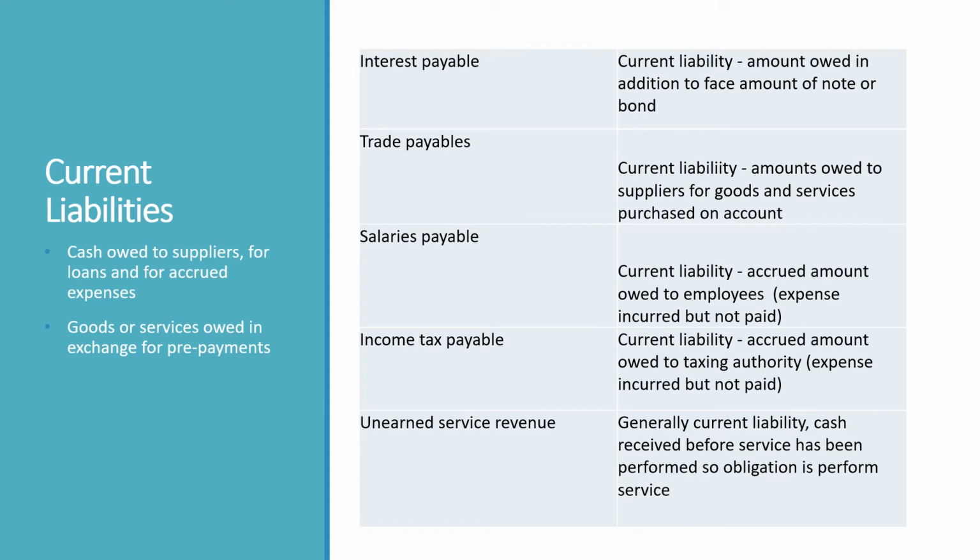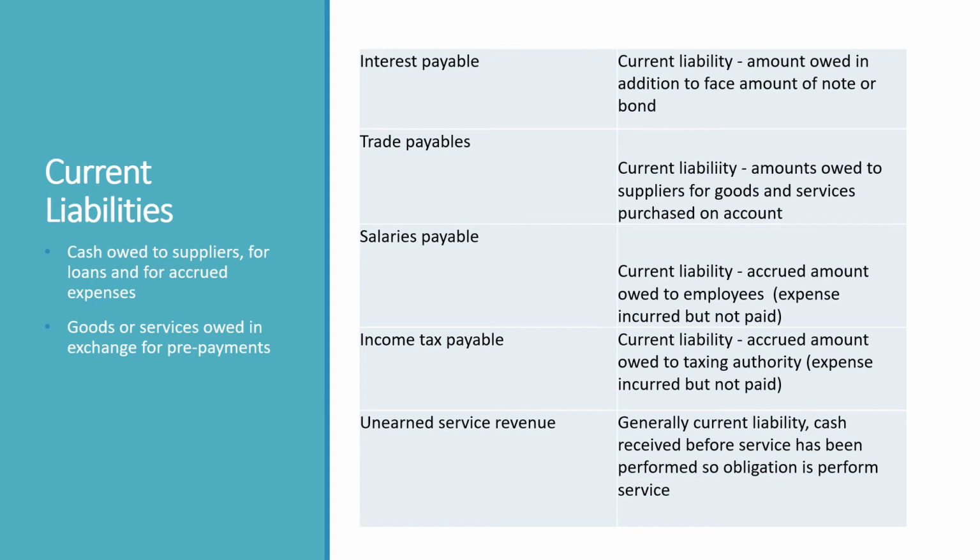So we are going to be making a cash payment for interest payable. If you borrow money, you're going to incur interest expense. And in the period between when you have incurred the interest expense and paid it, you have a liability, interest payable. Trade payables are amounts owed to suppliers for goods and services purchased on account.